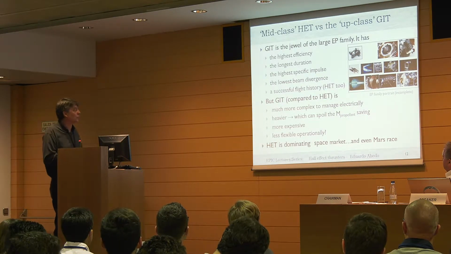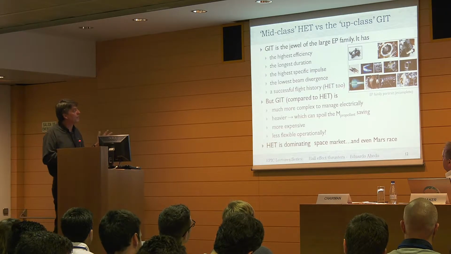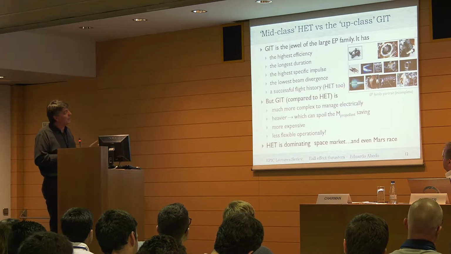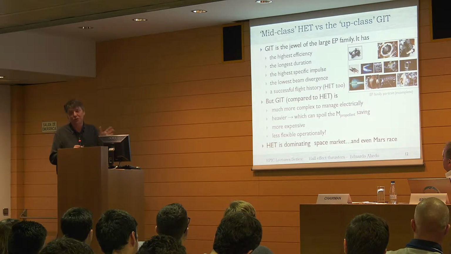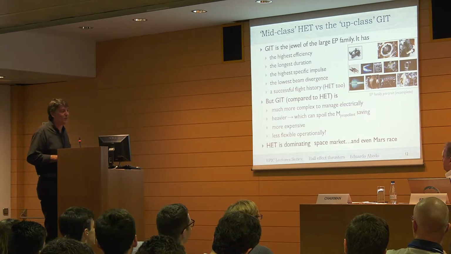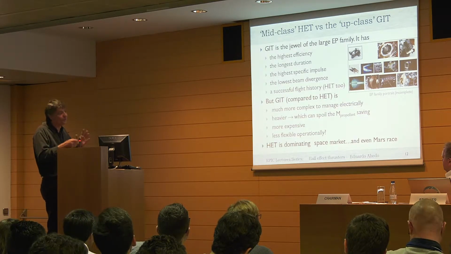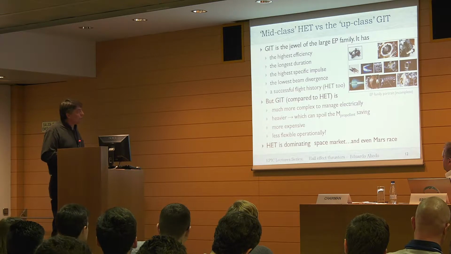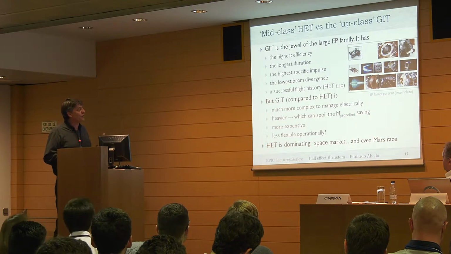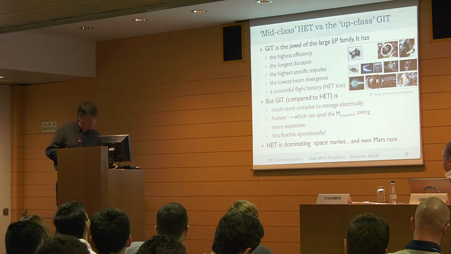We must take that into consideration. All these things make it more expensive. And then there's a point also that perhaps it's less flexible operationally, but I'm not sure. I should discuss this longer with Jaime, but the Child law makes a constraint that I know how it works. So for the moment, Hall thrusters are dominating the space market and even the Mars race.